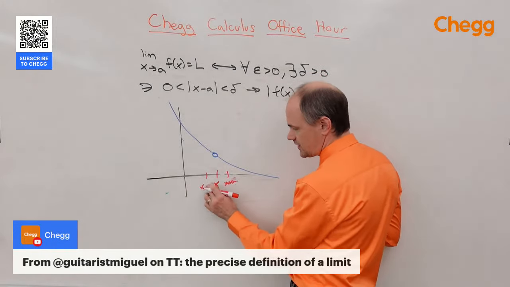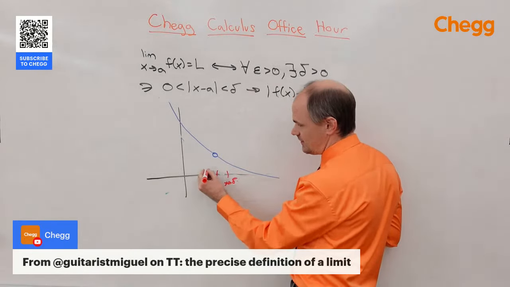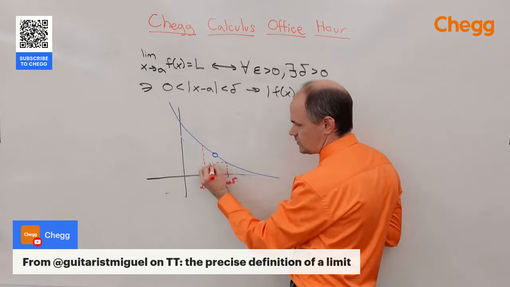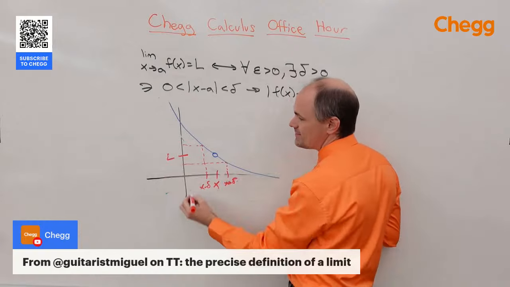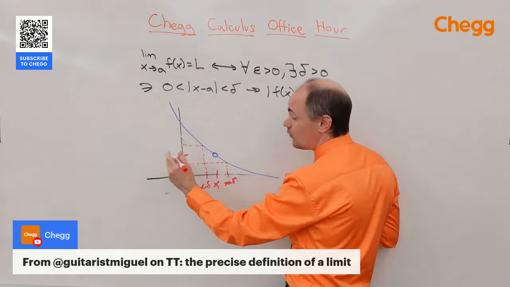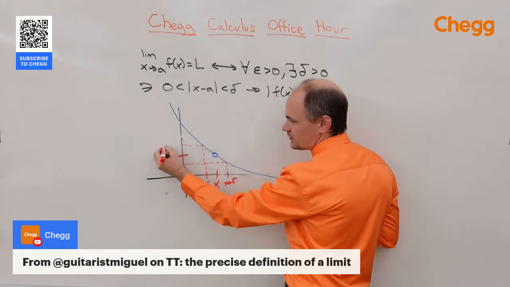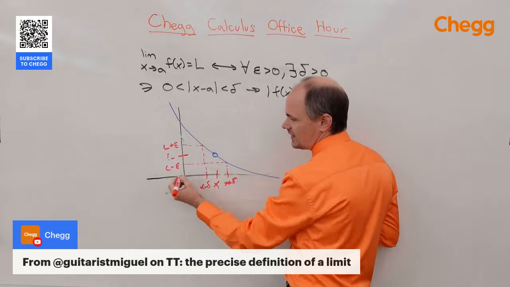So actually, I want to subtract delta, not a. I'm going to go less than this distance here, which means it's going to give me a y value over here, where this is actually my limit. And that limit is going to be less than an epsilon away from this top value. So this is the limit plus epsilon, and this is the limit minus the epsilon.